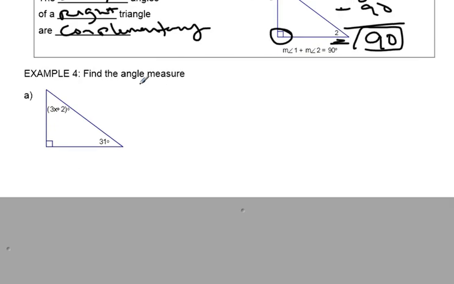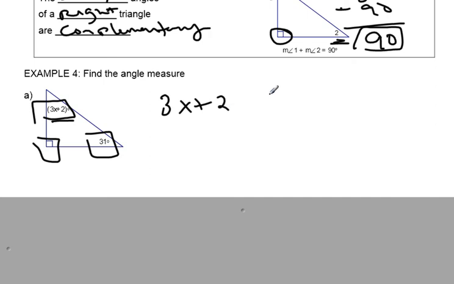So we can take a shortcut with example A, finding the angle measures. Instead of taking all the angles, 3x plus 2 plus 31 plus 90 equal to 180, we can just take the two acute angles, 3x plus 2 and 31.